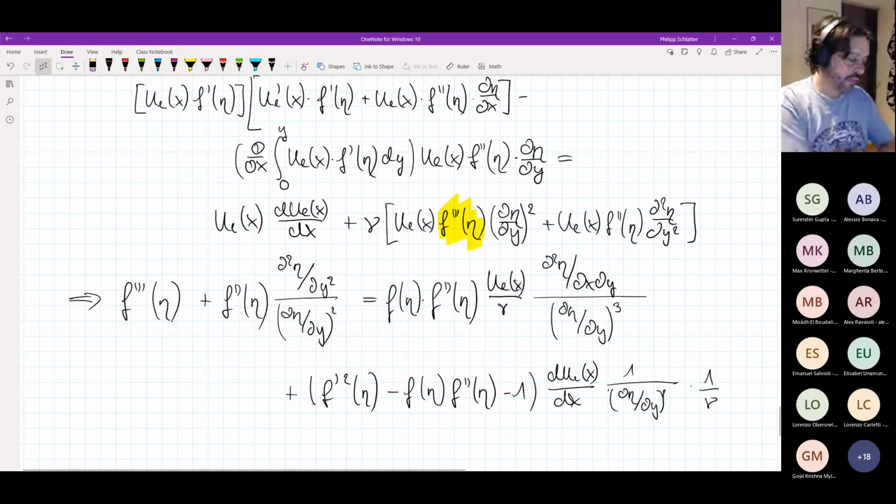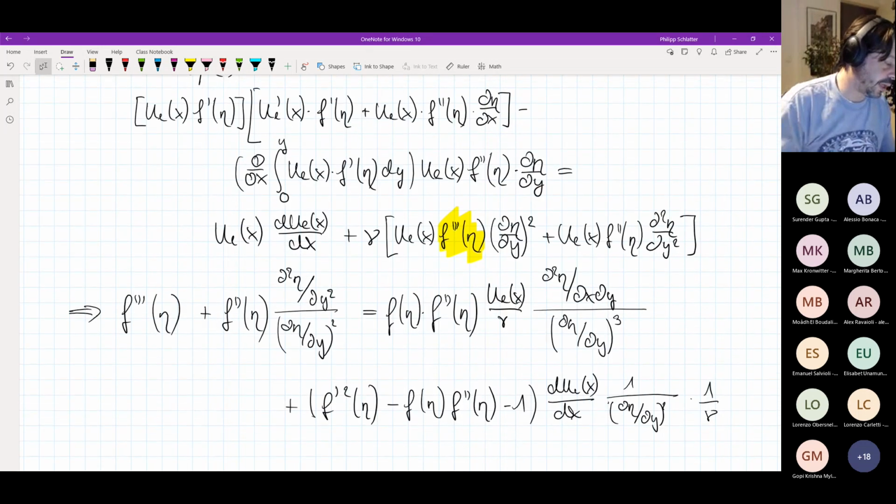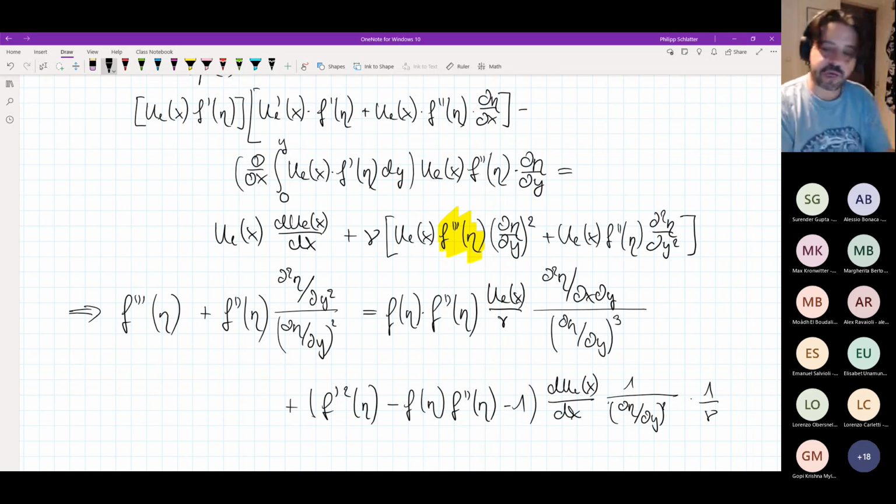So these are now all these terms written up. We can essentially recognize all the terms that we have. We have the various f double prime, etc. terms appearing here.